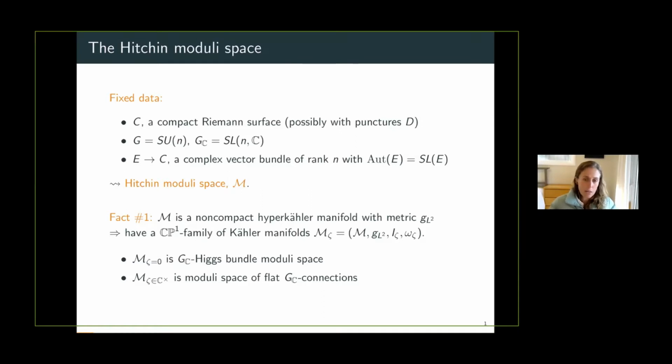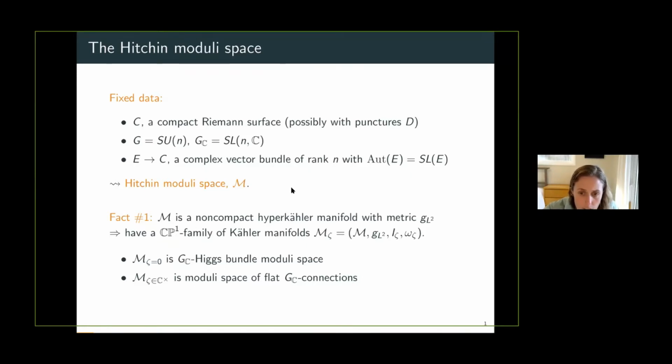If we fix zeta to be in C star, this will be the moduli space of flat G_C connections. So you can already see that the Hitchin moduli space is connected to representation theory of surface groups, and is a source of some interest.